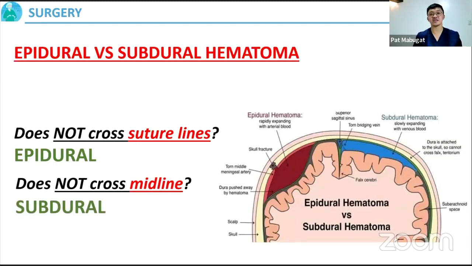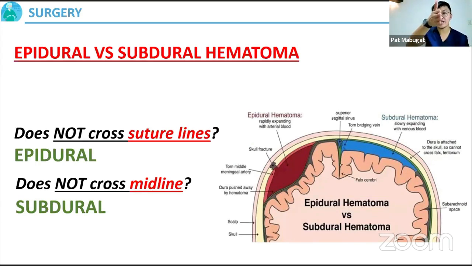The reason for that is, just remember, this is the calvarium. You have the illustration there, but I like gesturing so that I can visualize the explanation better, right? You have your skull here, right? You have reflections of dura splitting the calvarium generally into two portions, right? With your corpus callosum here, you have your two hemispheres here, but there's one dural reflection here. The dural reflection we call your falx cerebri, right?